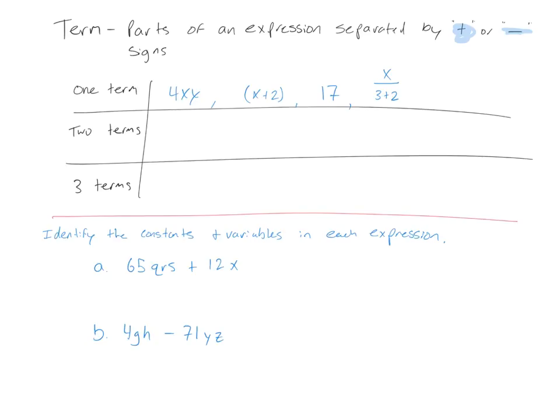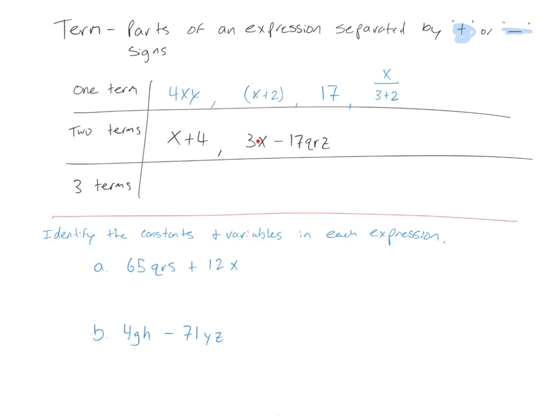So then maybe what are some examples of what 2 terms would look like? Well, when we did earlier, x plus 4. Notice there are two terms, and it's separated there with a minus sign. Maybe another example here would be 3x minus 17QRZ.